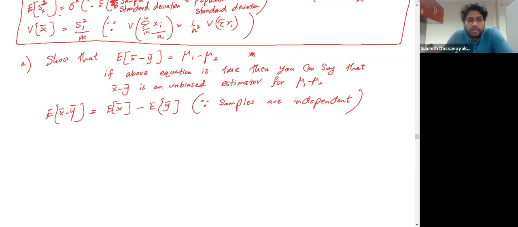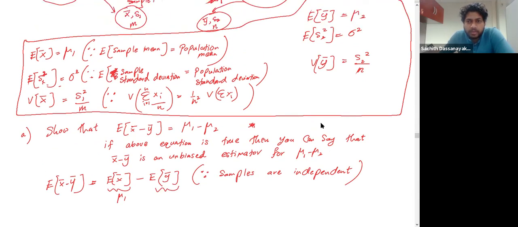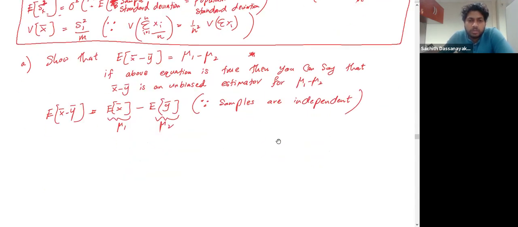From above, the expected value of x bar is mu1, and the expected value of y bar is mu2. So without any problem, you can write this equals mu1 minus mu2.